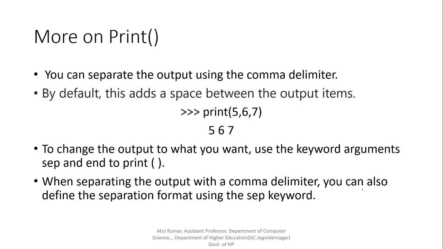To change the output to what you want, use the keyword arguments. There are two keyword arguments in Python, one is sep, that is the separator, and the other is end, in the print statement, and they change the display of output according to your need.